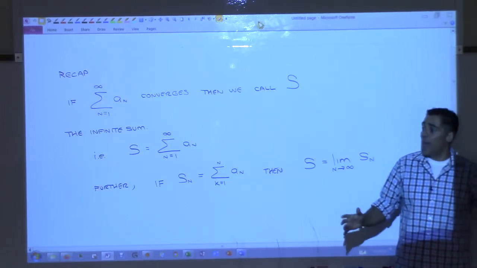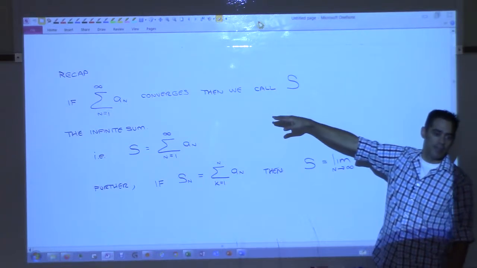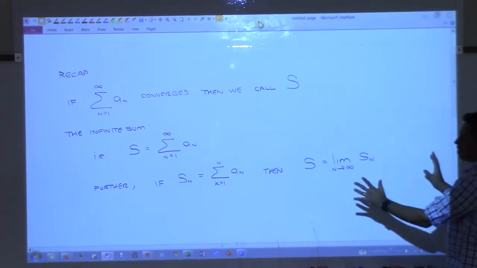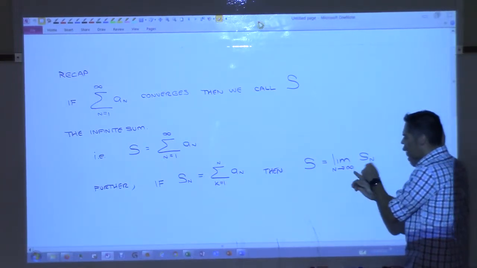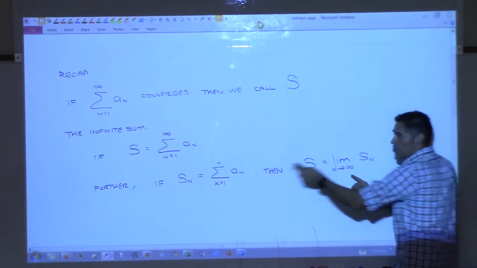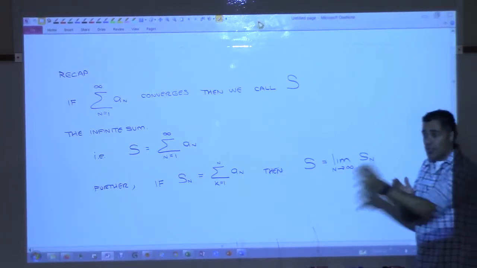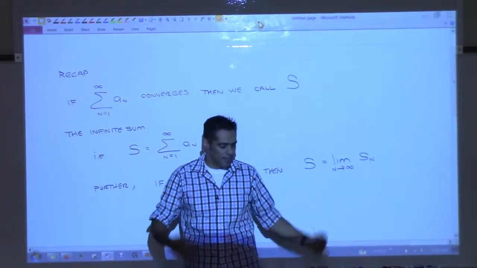And the limit of that sequence is the sum of the infinite series. So this is from last class. I just want to make sure I have it formally on the board. You're going to see me use this today. I'm going to figure out what the formula is for the nth partial sum, and then take the limit as n goes to infinity, and when we get that answer, that's the answer.